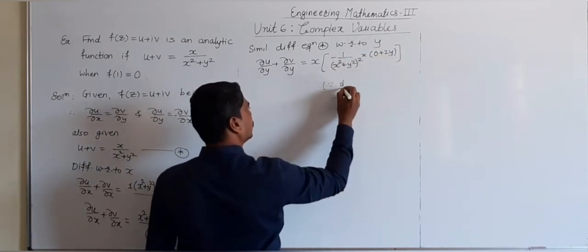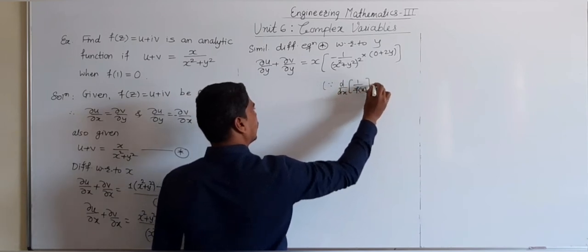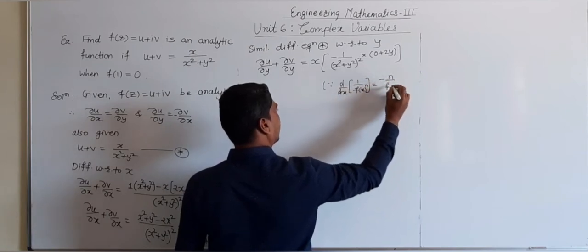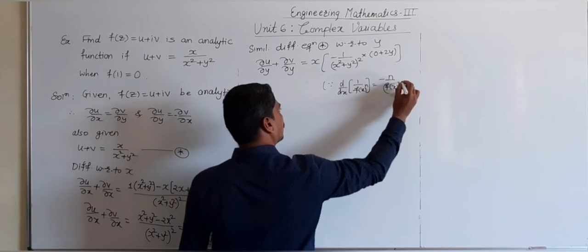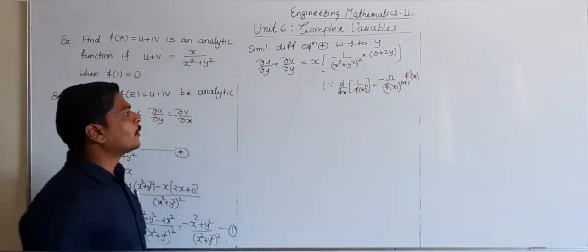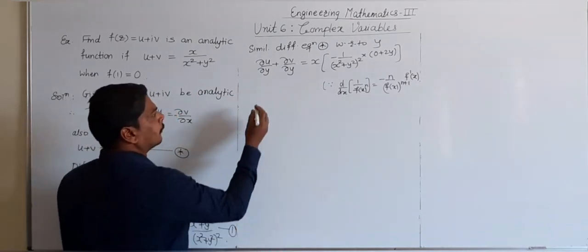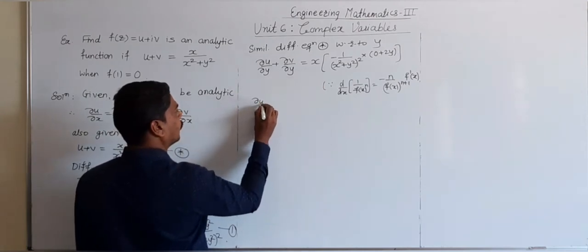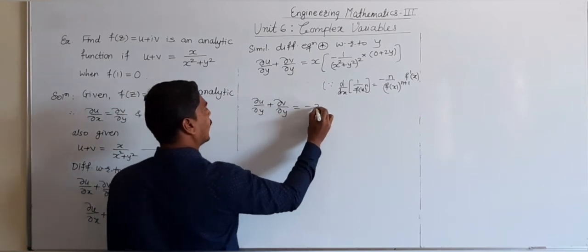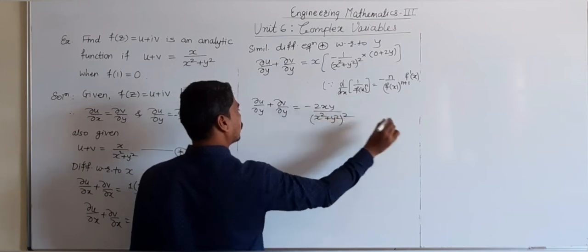Since d/dx of 1/f(x)ⁿ is −n/f(x)ⁿ⁺¹ into f′(x), using this standard formula of derivative and simplifying, we get ∂u/∂y + ∂v/∂y equal to −2xy/(x² + y²)².